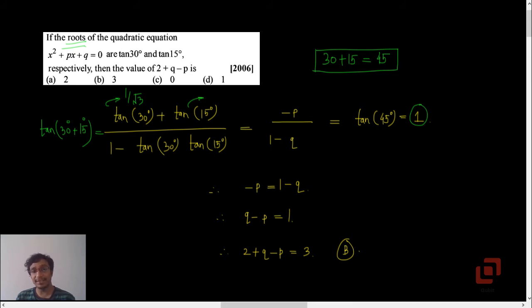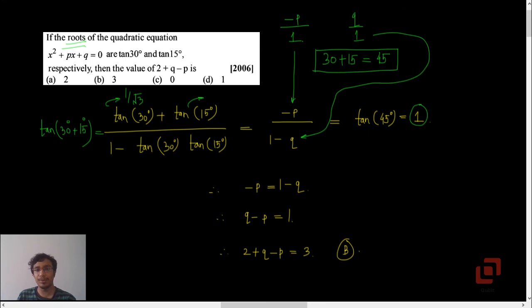And the second point, the numerator consists of the sum of the roots, and in the given quadratic equation the sum is minus p upon 1 or minus b upon a, and the denominator consists of 1 minus the product of the roots. So 1 minus q, correct, because the product will be q by 1.